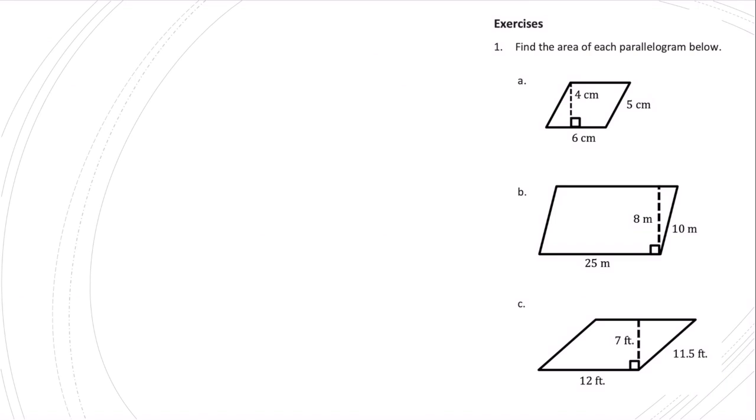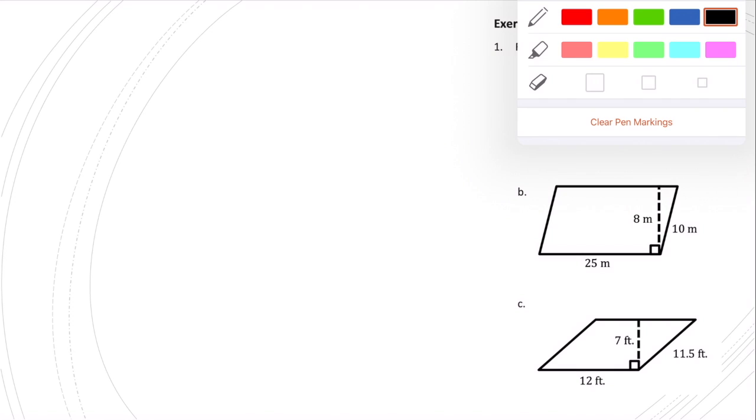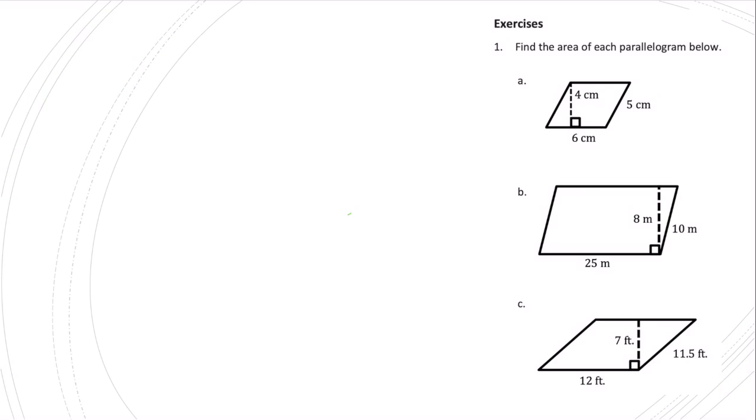Quickly, let's do some other problems. The height is 4 centimeters. The base is 6 centimeters. So it's going to be 24 centimeters squared. Height is 8 centimeters. Base is 25 centimeters.